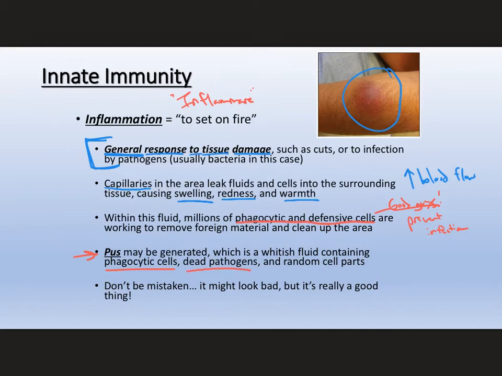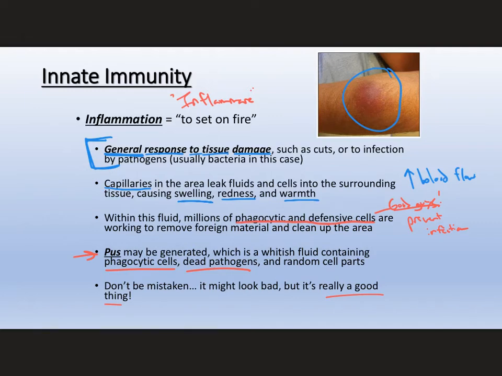It's going to contain a lot of dead pathogens and sort of the debris of the battlefield between your immune system cells and these bad guys, these pathogens. So while pus is kind of gross, it really isn't the worst thing, right? Because it is showing that your immune system is working, and most likely your immune system is preventing a broader infection.